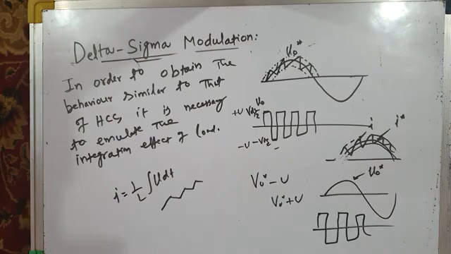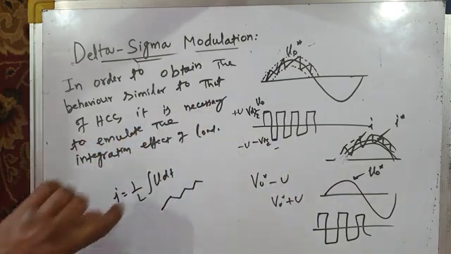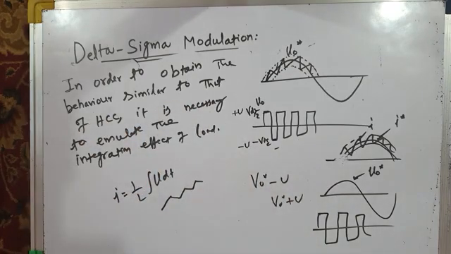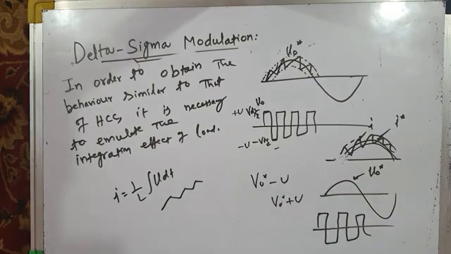But what we can do is emulate the integration effect of load as in hysteresis current control, and we can produce a similar behavior in delta sigma modulation, if you want to control the voltage directly instead of controlling the current. How can we do this?